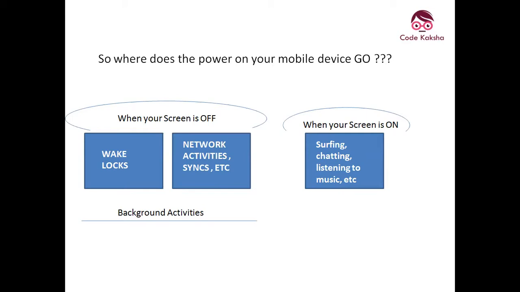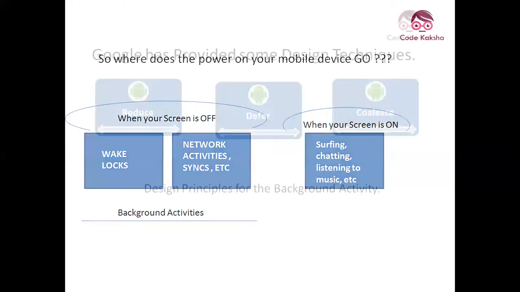For example, even if our screen is off, we get emails in our email ID, and we get messages like WhatsApp and all. So the internet is also used, and eventually it is using the power, right?